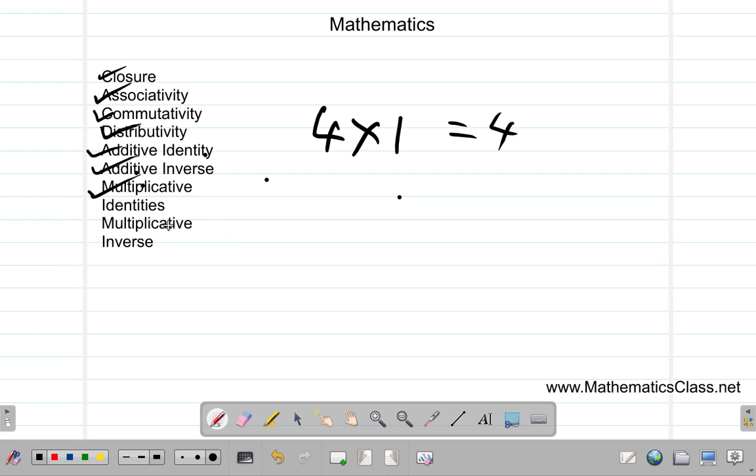Alright. The next thing is the multiplicative inverse. Now, earlier we said the additive inverse: when you add a number to its own additive inverse, you get the additive identity 0.